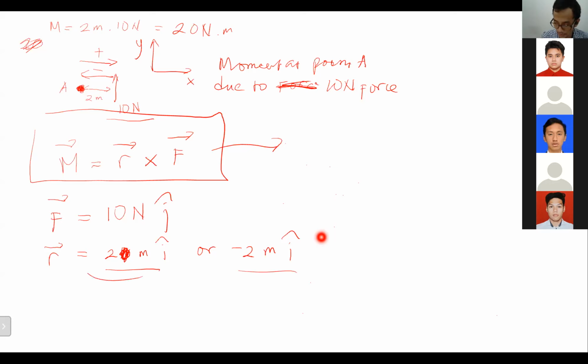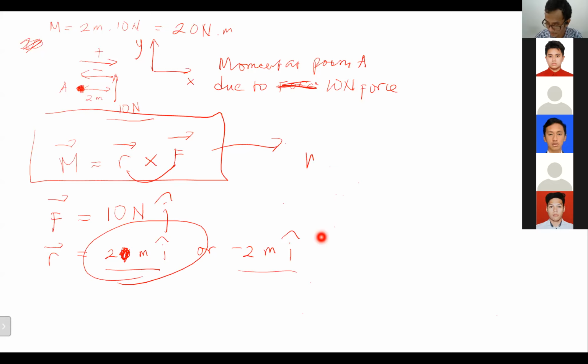We're supposed to use this one. Remember, from the center of rotation to the force. And one more thing, you cannot replace this, so you have to use that sequence.